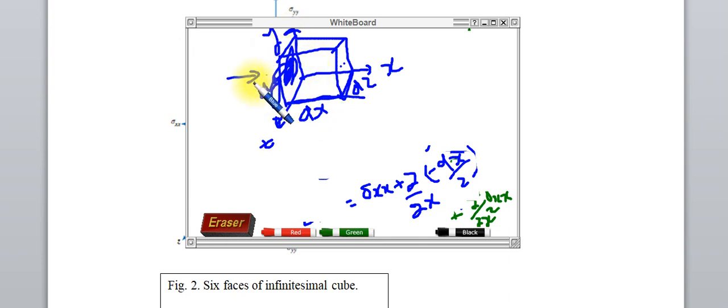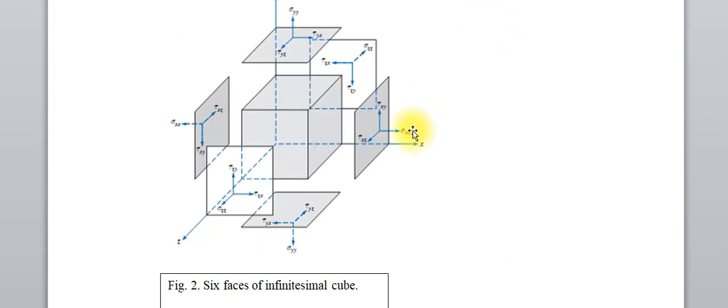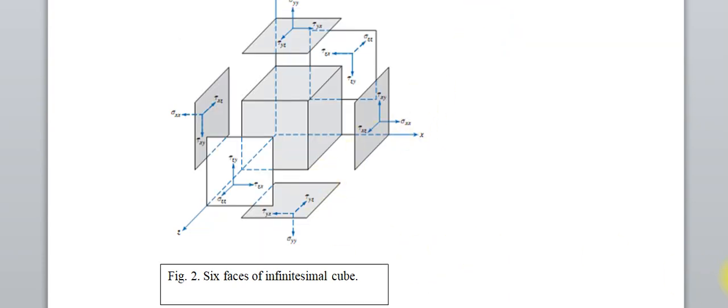When something is penetrating through this area, this area is made up of dz, which is equal to this one, and this one, which is dy. So this is the area where it is penetrating, and this amount is passing through this area.